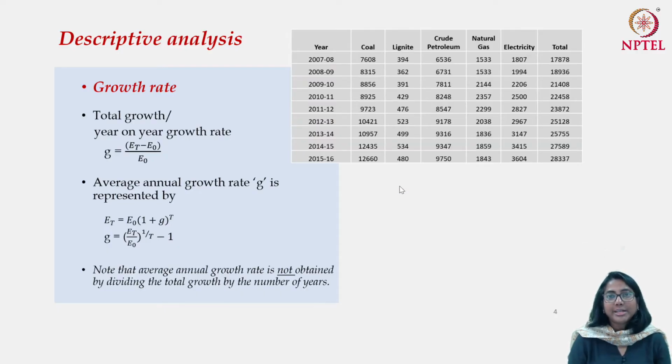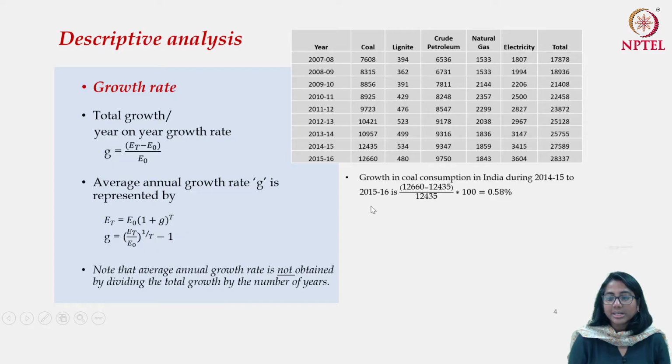So this table tells you the yearly consumption of different types of fuel in India over the period 2007-8 to 2015-16. And we will be discussing the growth in demand for coal. So the first question that we are going to address: what is the growth in coal consumption in India during 2014-15 and 2015-16? So here we are talking about the year-on-year growth rate, the growth in consumption over one year.